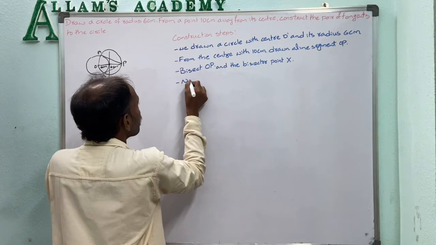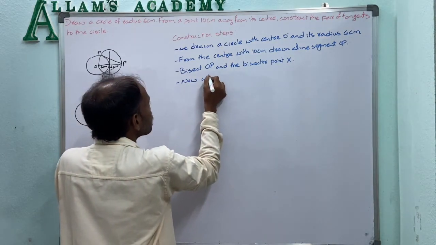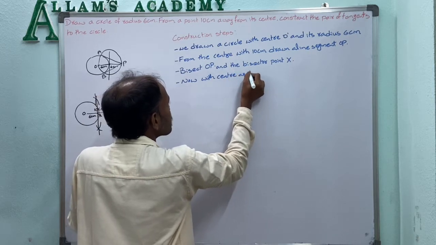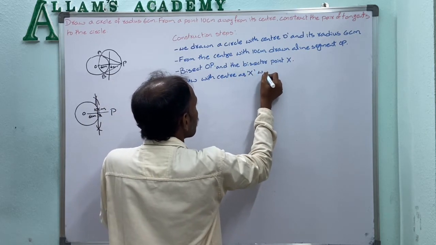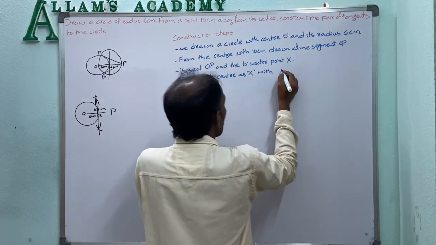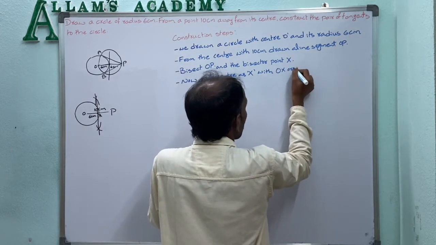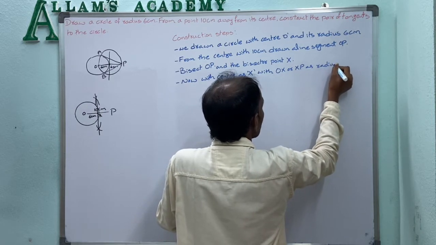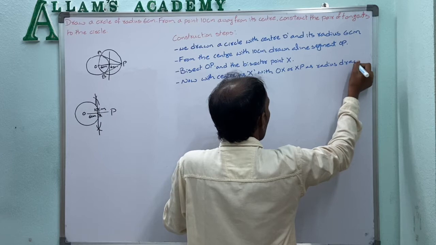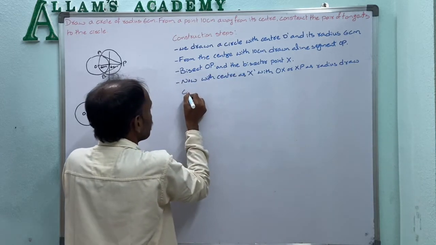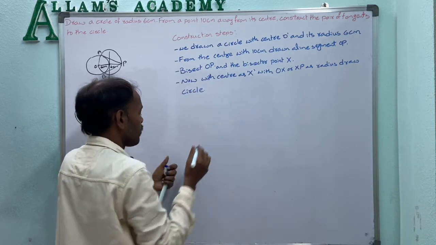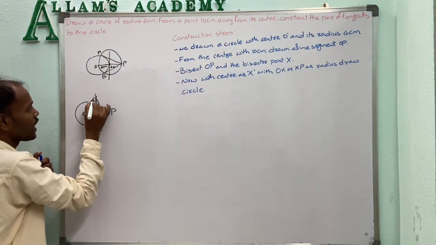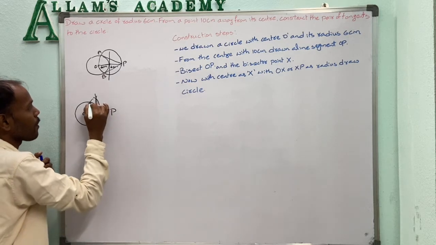Now with center X and OX or XP as radius, draw a circle.